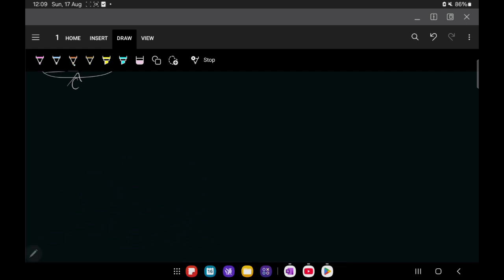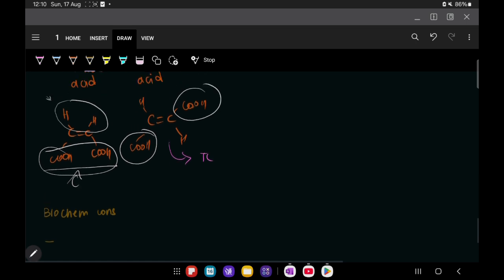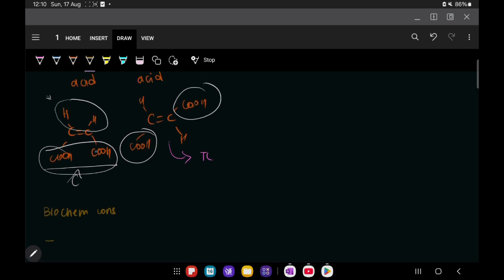So what is the significance of all of this? What are the biochemical consequences of having molecules in different configurations? So also note that when these are in such different positions, these actually have very different chemical properties as well.